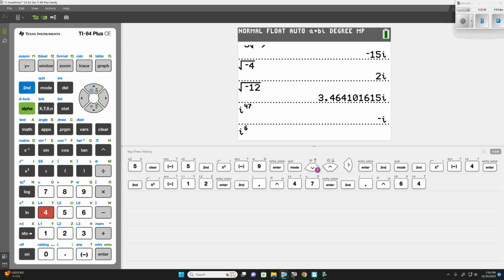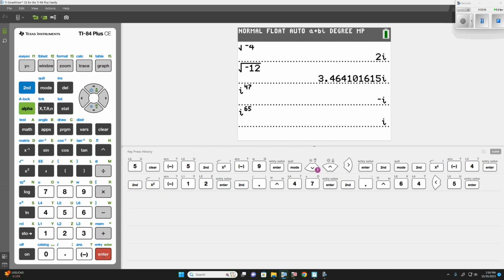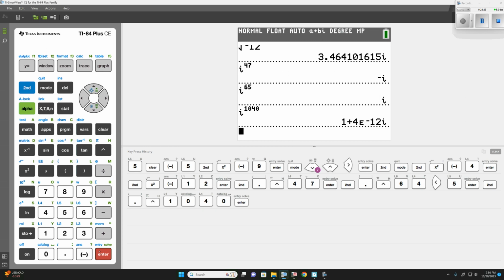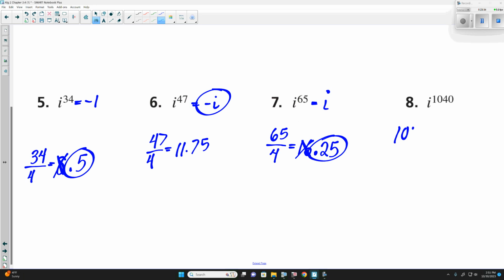Yeah. 65th is I. I to the 1040 is 1. Because 1040 divided by 4 is what?